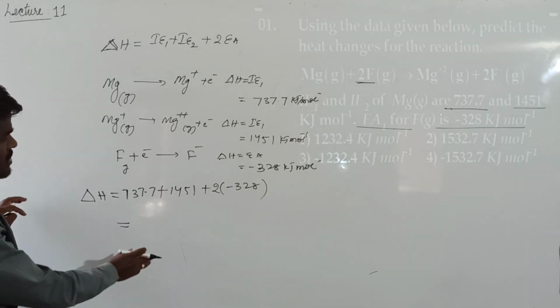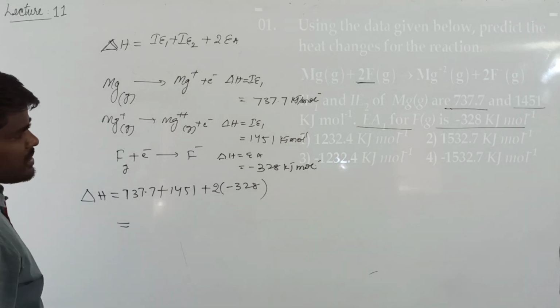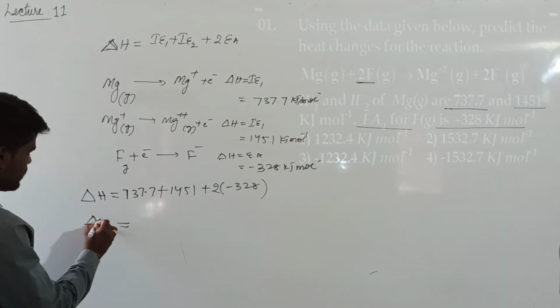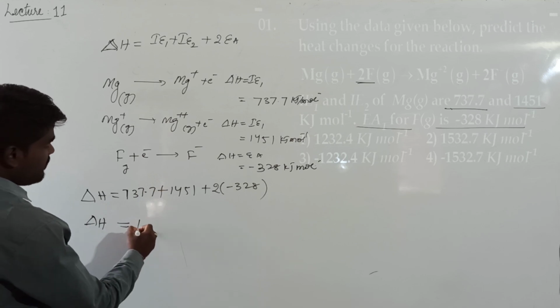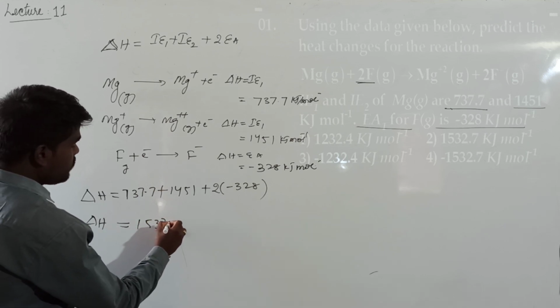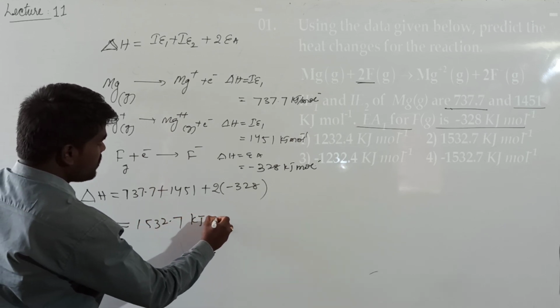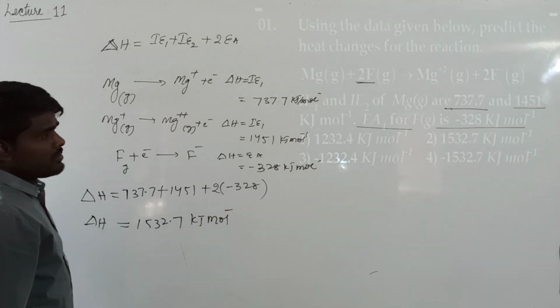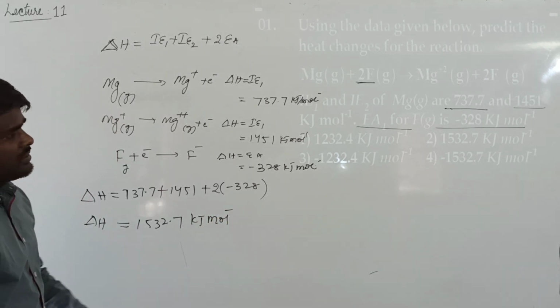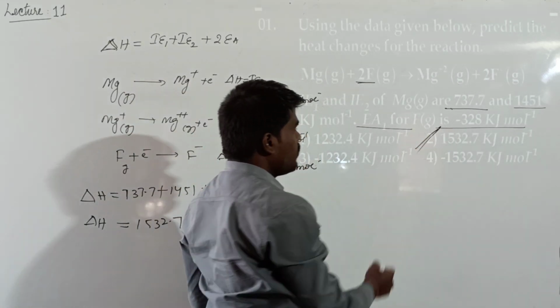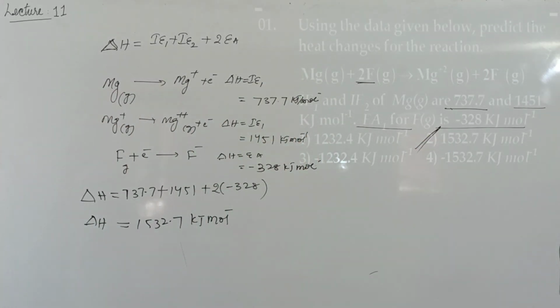On simplification, delta H comes to 1532.7 kilojoules per mole. Let us see where we have the proper option. This is your correct answer. This is a calculation of the energy change of a particular equation.